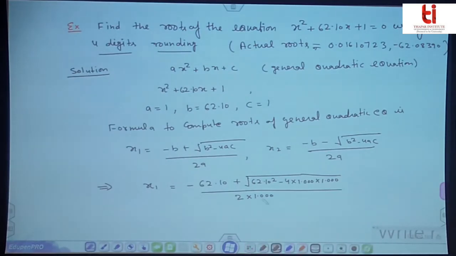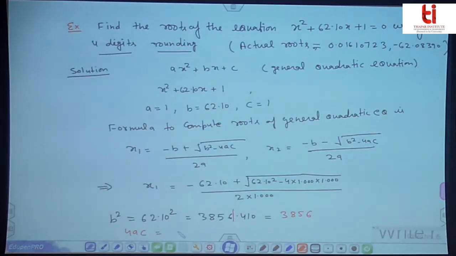Just compute all the terms in the square. That is 62.10 square, that is b square, coming out to be 3856.410. Since we have to use 4-digit rounding, we'll take it as 3856. What is the value of 4ac?